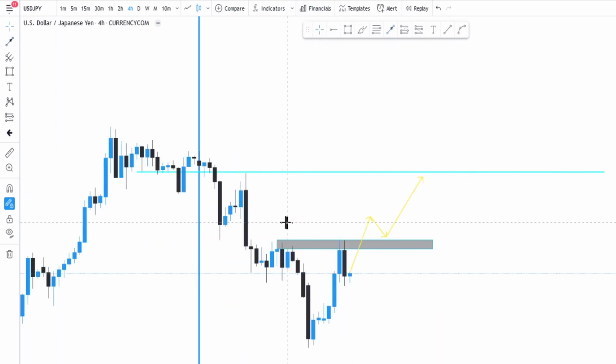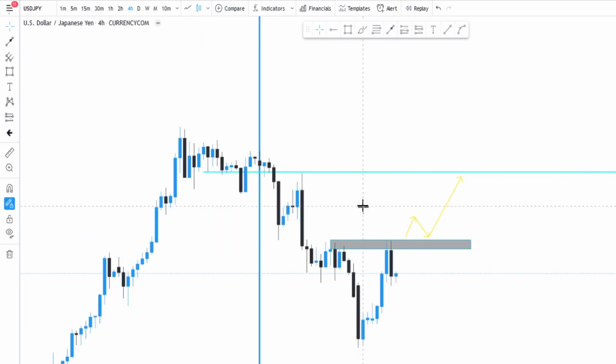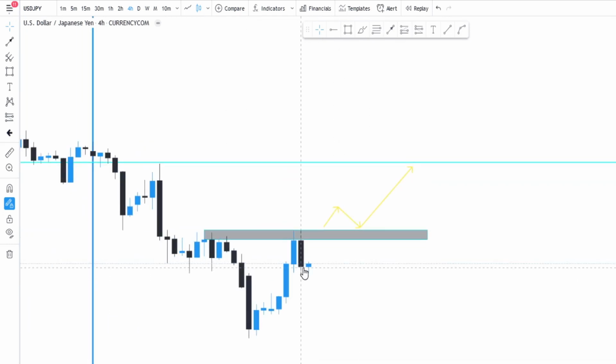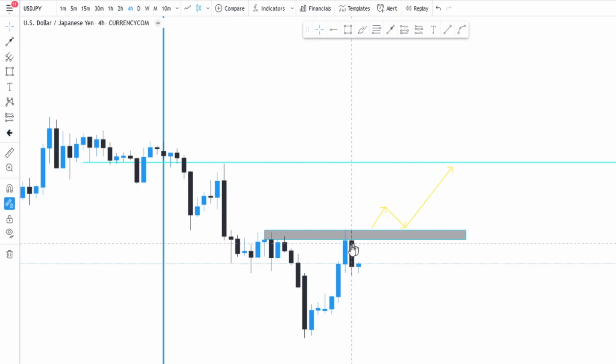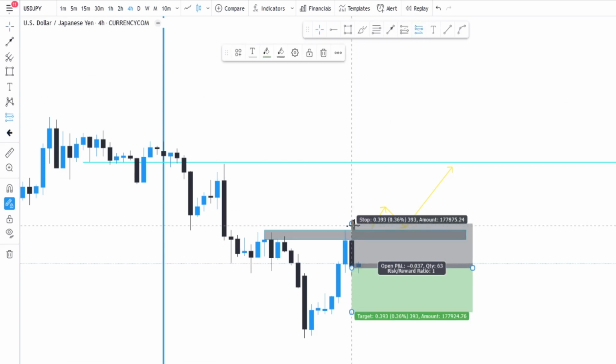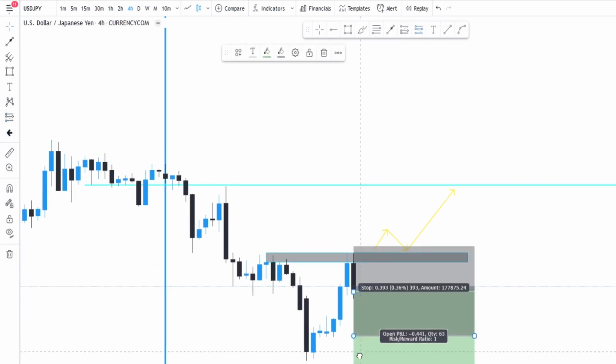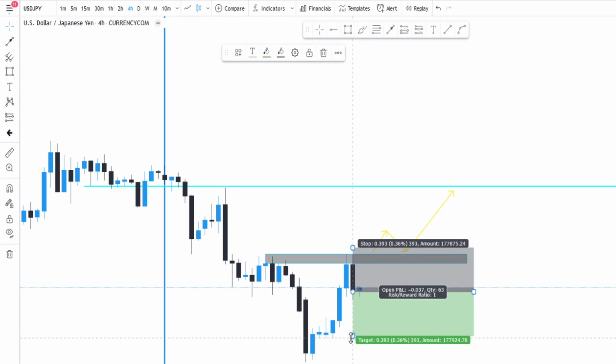Let's make it simple. So here we see that we have an engulfing at this level, so we can get in on this exhaustion here, and place our stop here, and then adjust our profit zone, the profit level here.